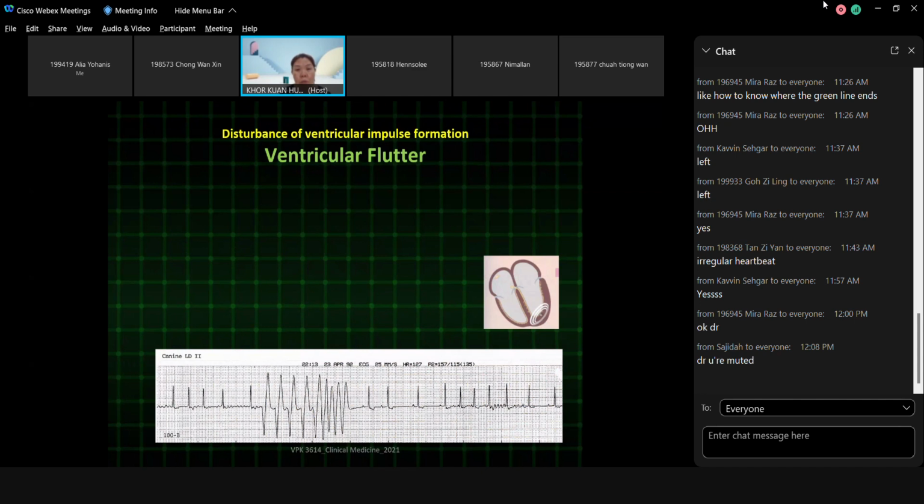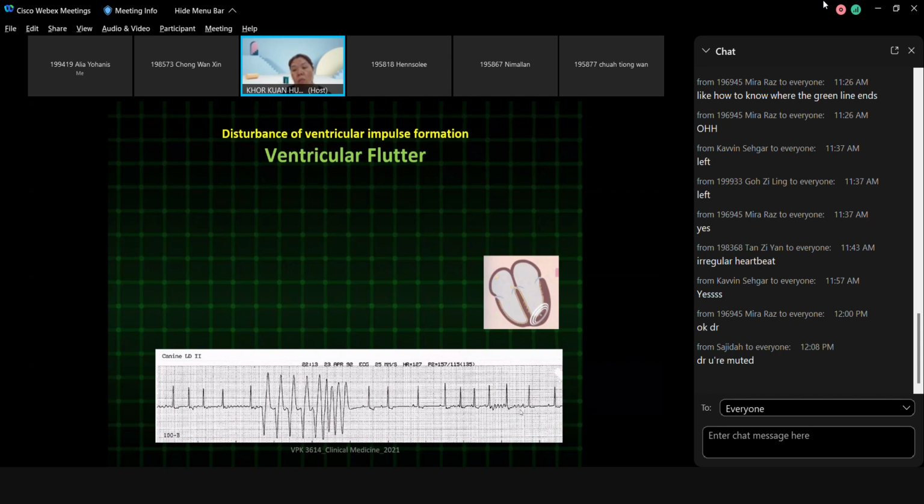Okay. Ventricular flutter. Is this all P? Not really. But we're talking about ventricular flutter. So you just concentrate on the QRS, QRS, QRS, QRS. Suddenly the ventricle just decided to beat. Okay, then QRST, QRST, QRST, suddenly showing up.